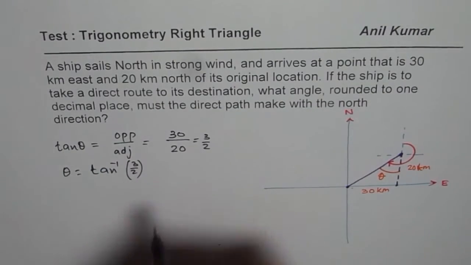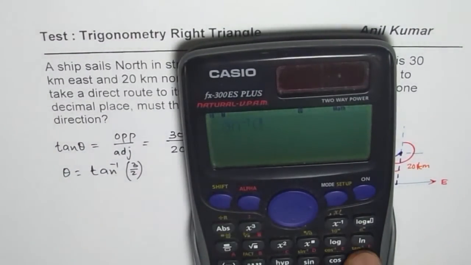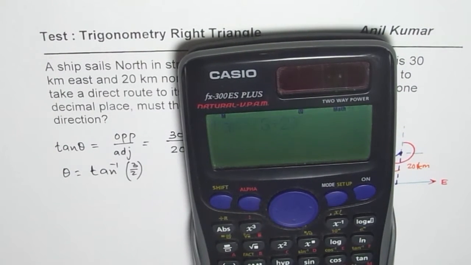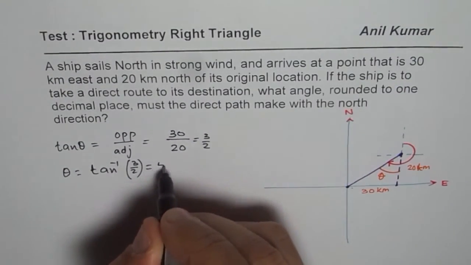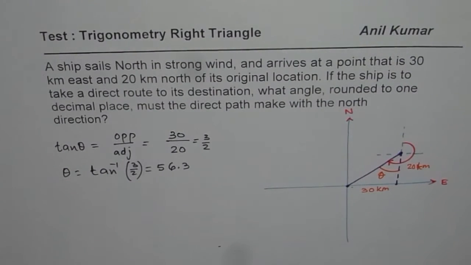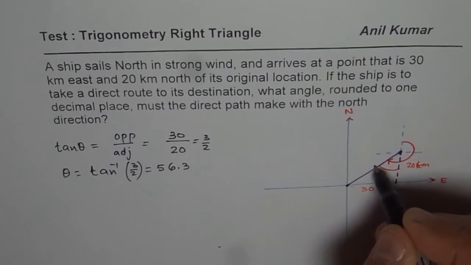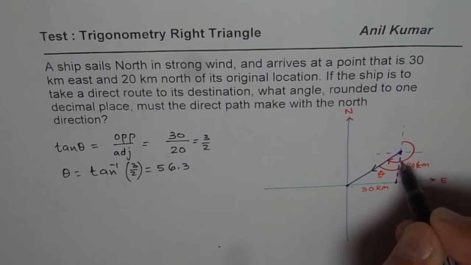Okay, so let's use the calculator to find this angle. Shift tan inverse 3 divided by 2, bracket close, equals 56.3. So we found this angle to be 56.3. Now the ship has to go back, right? So if the ship is going back, then the angle from the north it makes will be 180 plus theta.